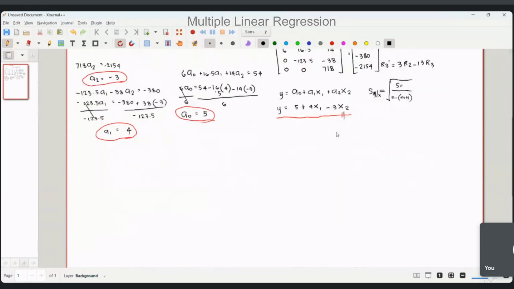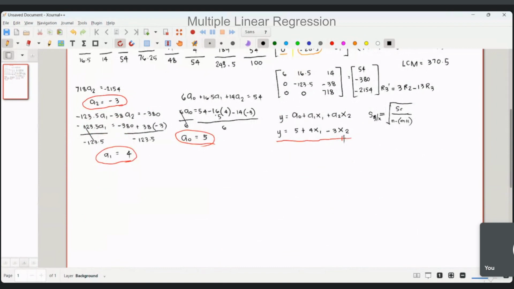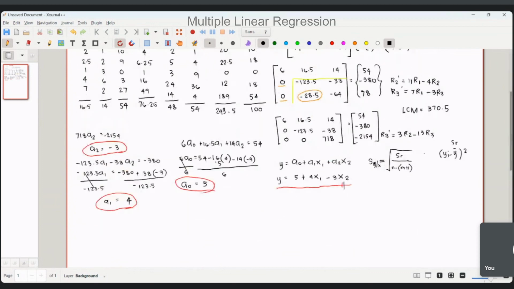Okay. So for the SR, unsa man itong SR? That's yi minus y bar squared, right? And ang atong y bar, pila atong yi gani? 54 divided by 6. So, y bar is 9.